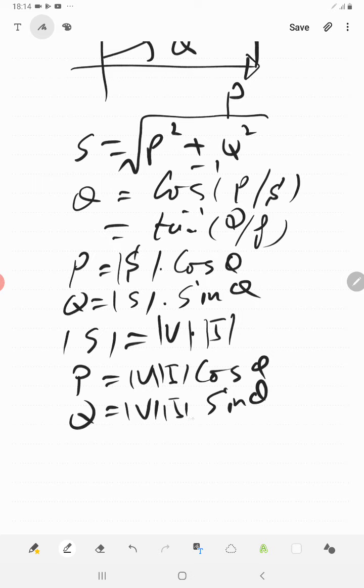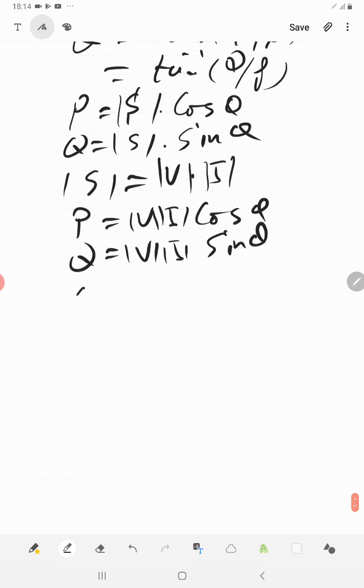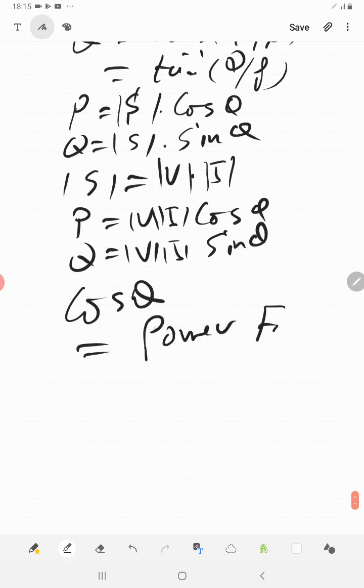Now, cosine theta is known as the power factor, or PF.